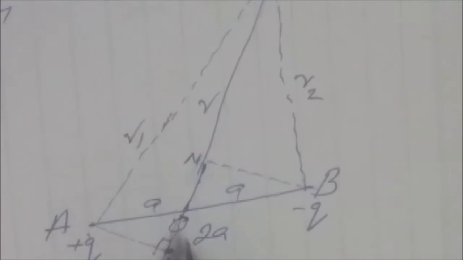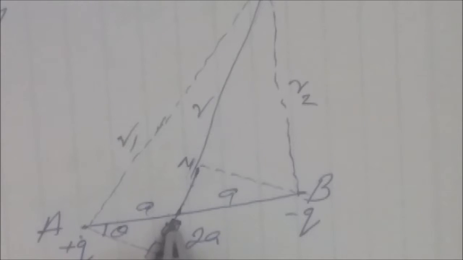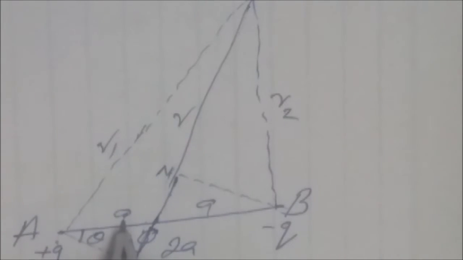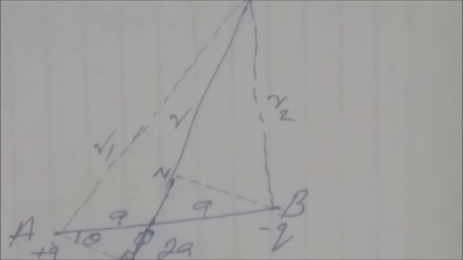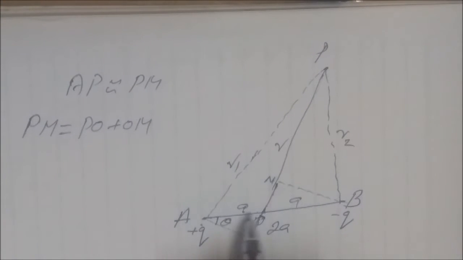Then let us take this angle as theta, and we can find OM. A is the hypotenuse here, and from this right angle triangle AO is the hypotenuse and MO is the side adjacent to this angle theta.